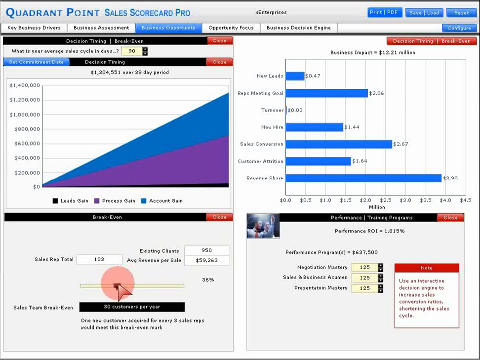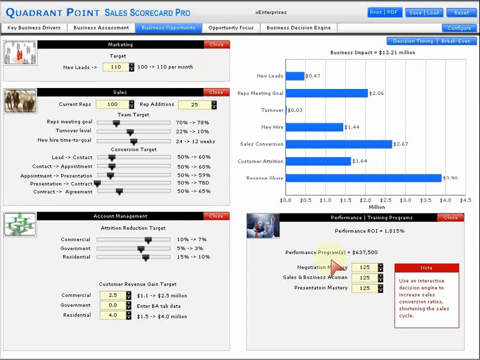If you have this level of margin for the company, then you can slide that and see how many new customers you need per year in a given situation. So whatever the margin is for that business will determine how many new customers would lead to that level of improvement that's shown here as the target. Okay, this is the opportunity we're going after. If we close this back down, we're back to this view here.